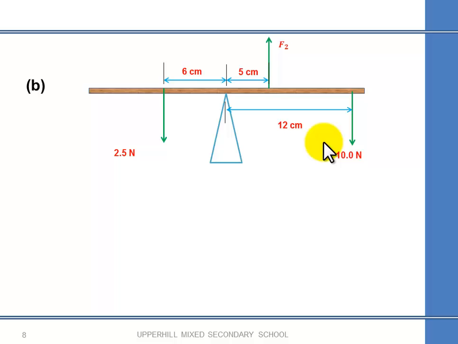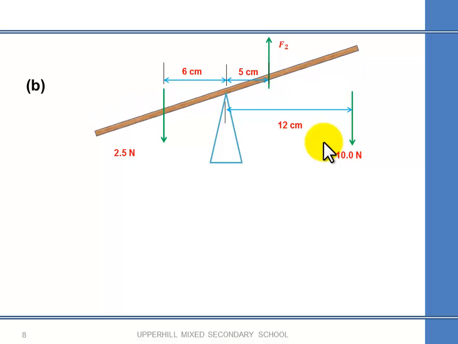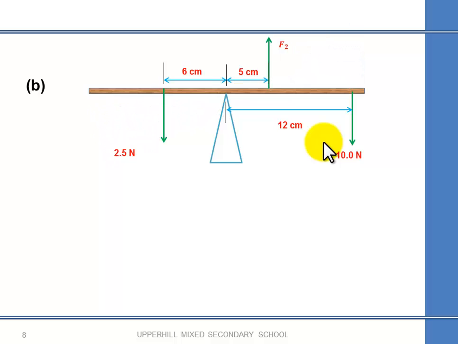Similarly, for F2, we assume the 2.5 Newton and the 10 Newton force are not there. Again, in which direction will F2 tend to turn the system? Anti-clockwise.